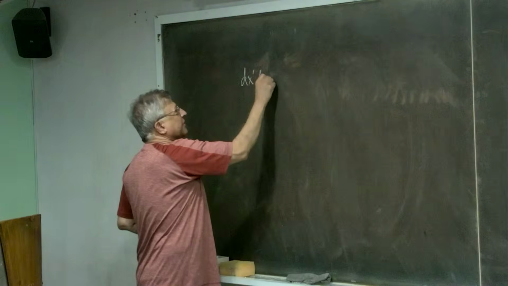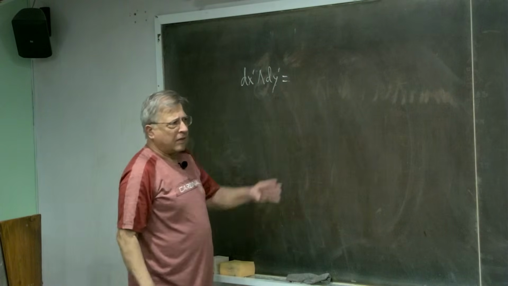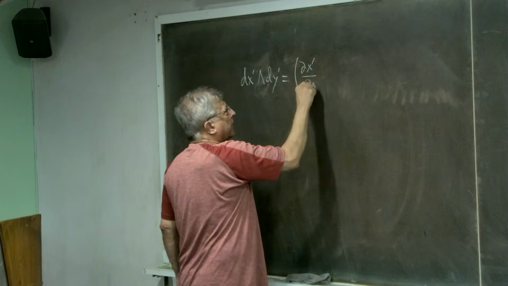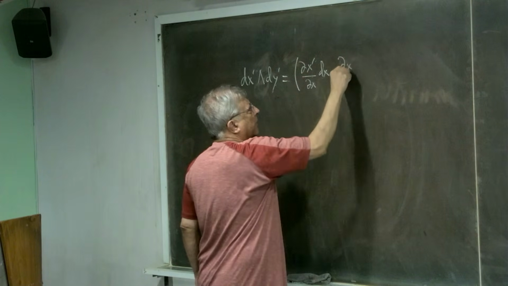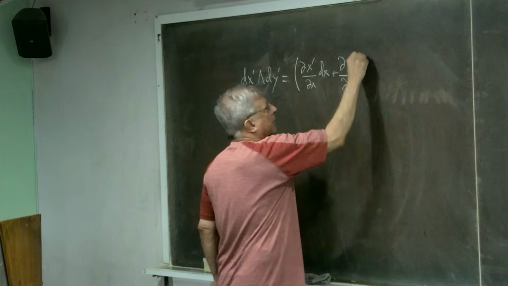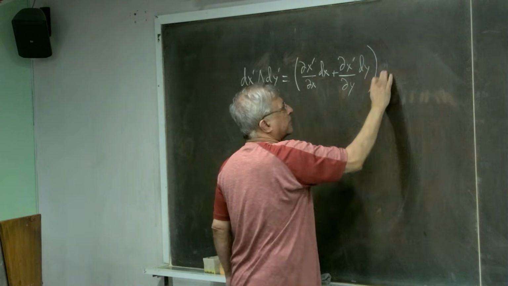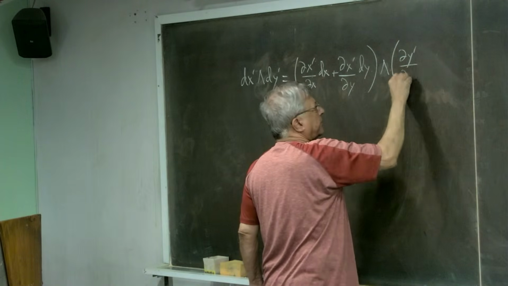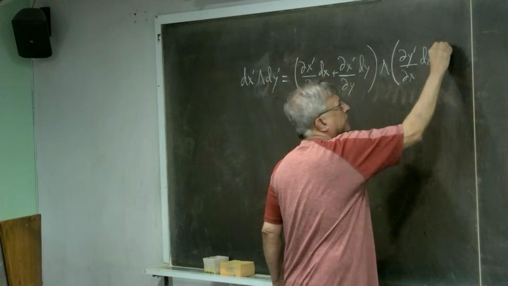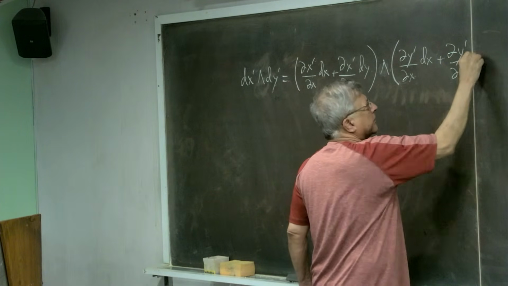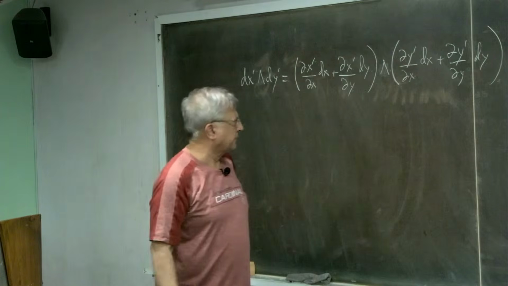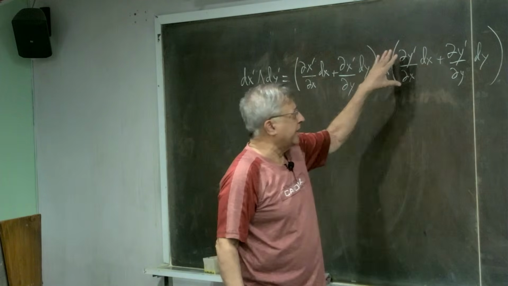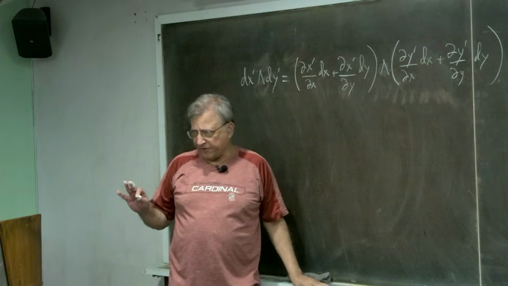Okay, can anyone guess what will happen when I take dx prime wedge dy prime? Well, let's not guess, let's do it. So there I have, and then, I have one form here, one form here, and these are to be considered constant coefficients.